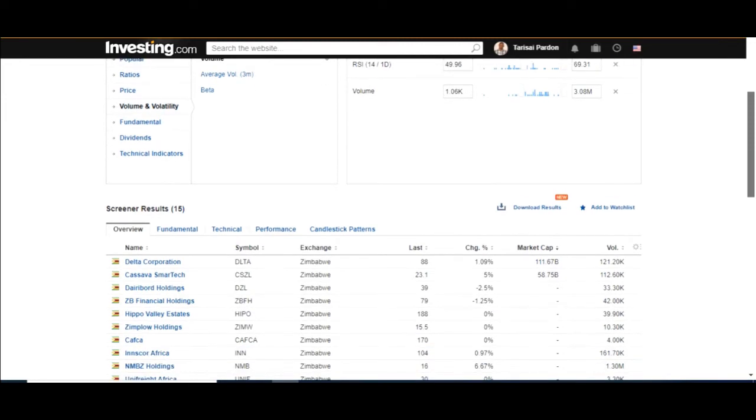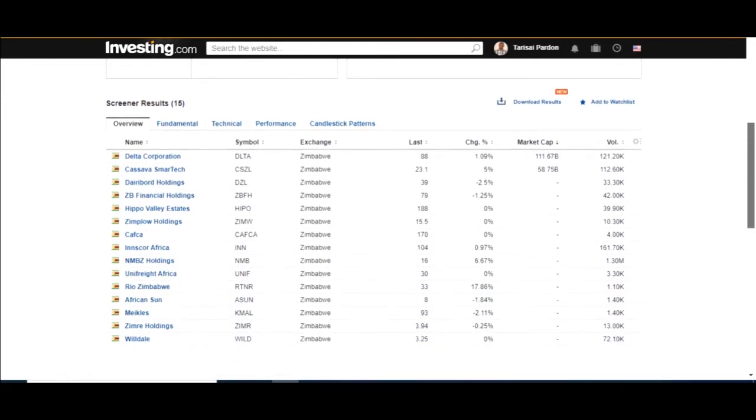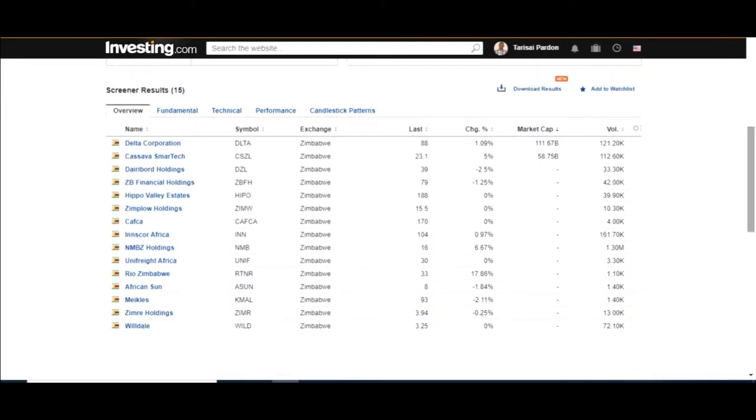Now that I have 15 counters that have been screened, if I check the results on the overview tab, you'll get the name of the counter, the symbol, the exchange, the last traded price, the percentage change, and the market cap, as well as the volume.